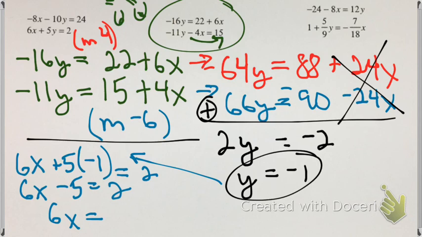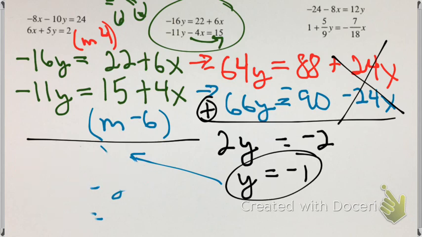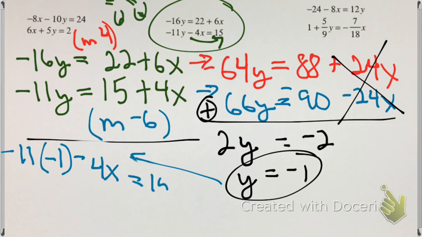Whoa, pausing the action. Got to use the right equation with the right equation. I almost forgot. I'm looking back into the middle equation there. So I'm going to fix that real quick. Minus 11 times y, which is negative 1, minus 4x equals 15. Okay, there we go.